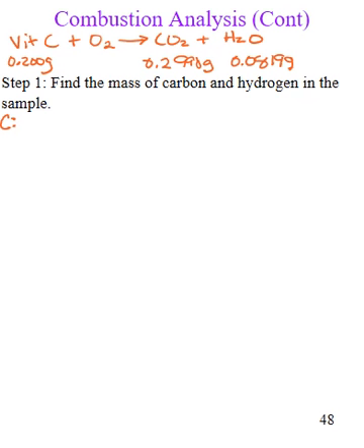Okay, so the first part to this is we need to find the mass of carbon. What molecule in the reaction is telling us where carbon is coming from? Well, basically, carbon is coming from carbon dioxide.